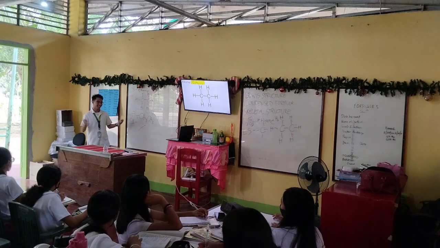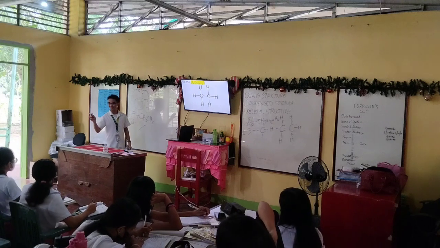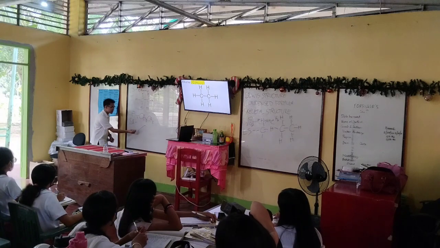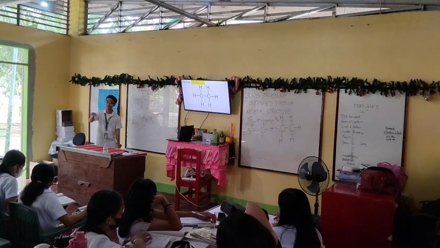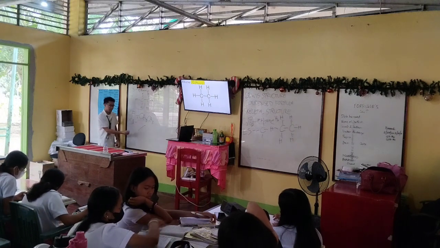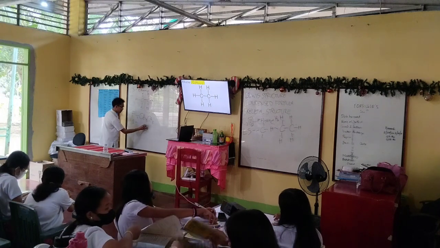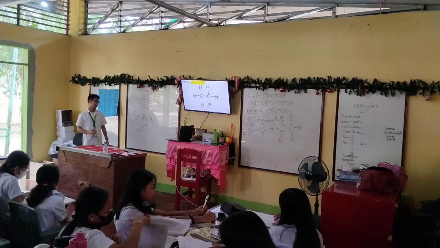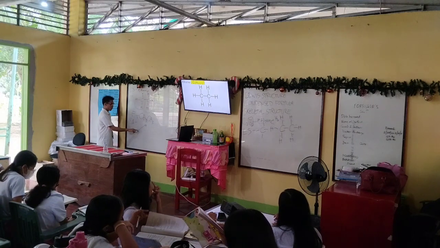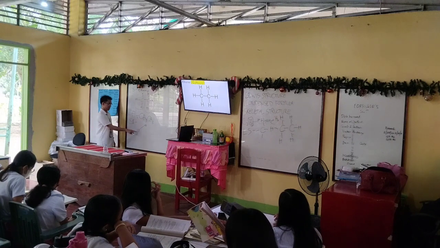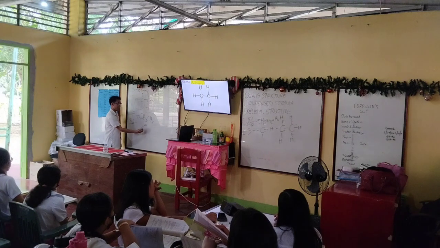The key takeaway in drawing the skeletal structure: each end of a line represents a carbon atom. Check your handouts because it's also there. Since in our example C2H6 we have 2 carbon atoms, that's 1, 2, so that's only one line.